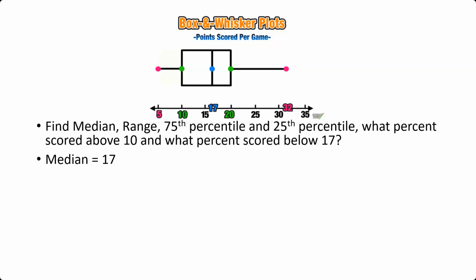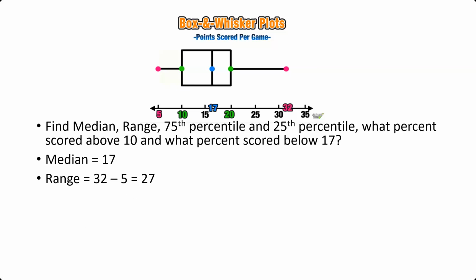How do you find the range? Largest minus smallest. Our largest is 32, our smallest is 5, so if we subtract them, we have the range. For the 75th percentile, these dots have 25% between each one.